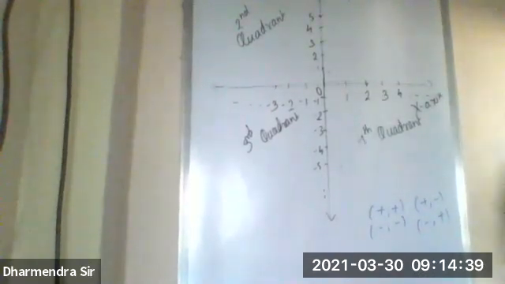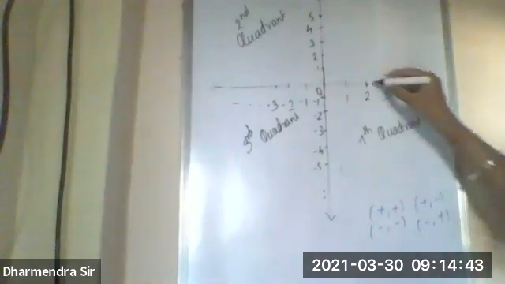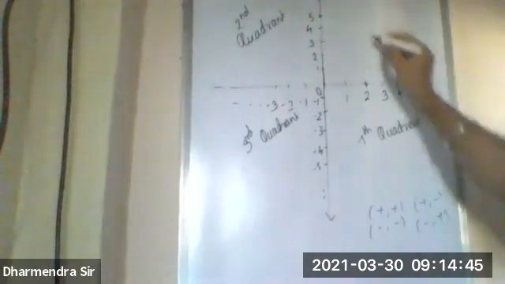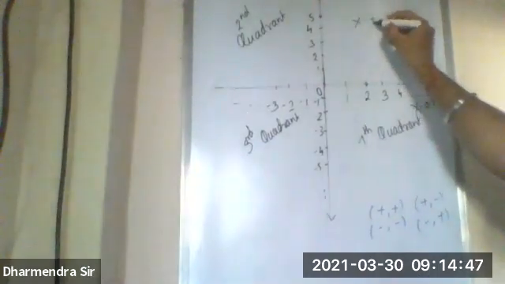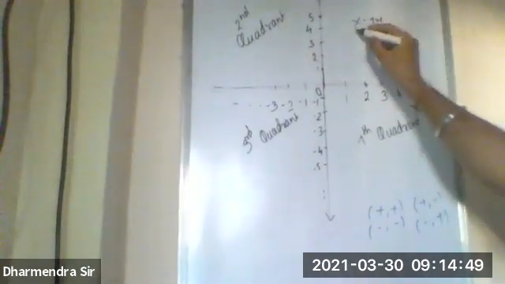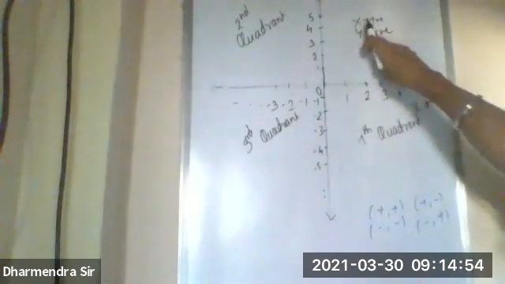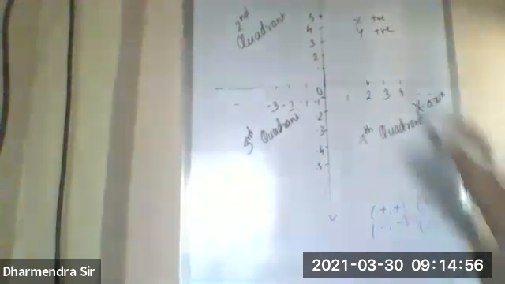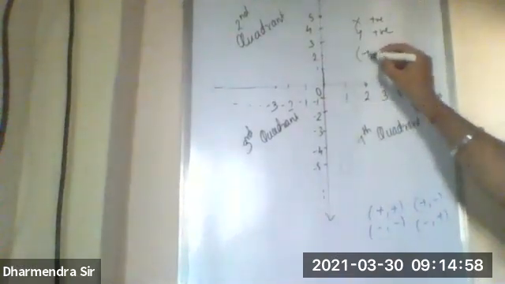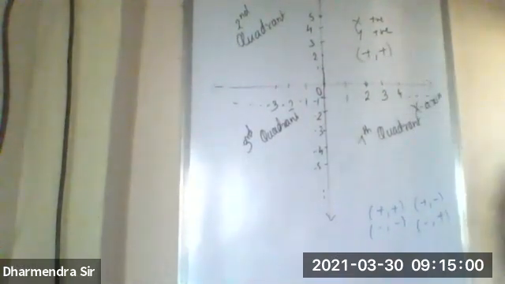As we have already done this, we can see here x is positive, y is also positive. So here the coordinates will have the plus comma plus sign.